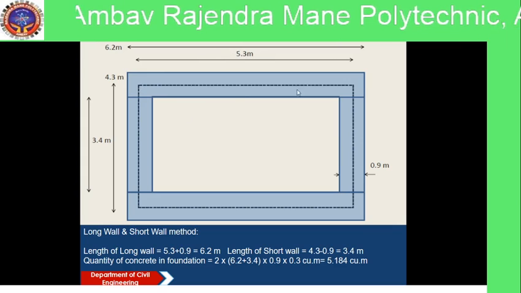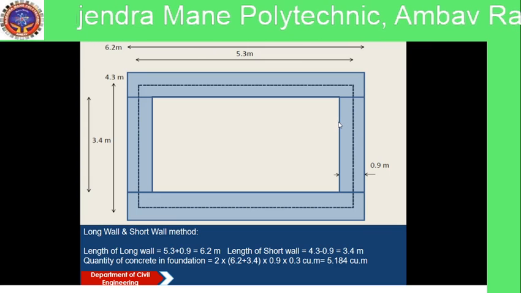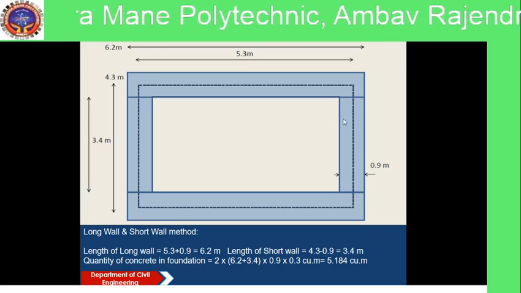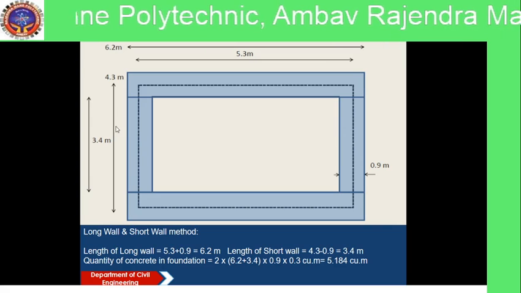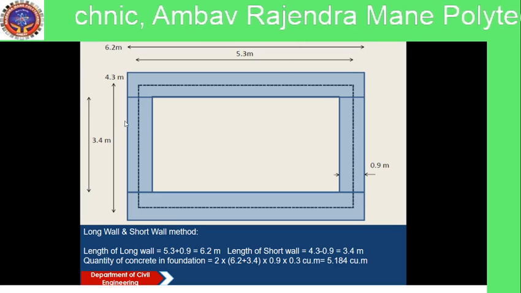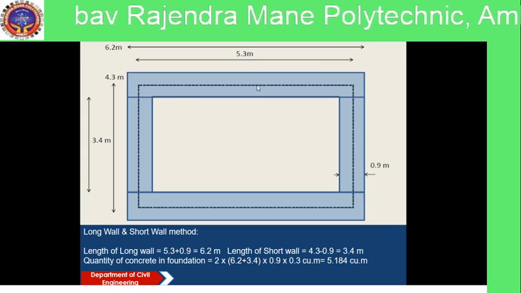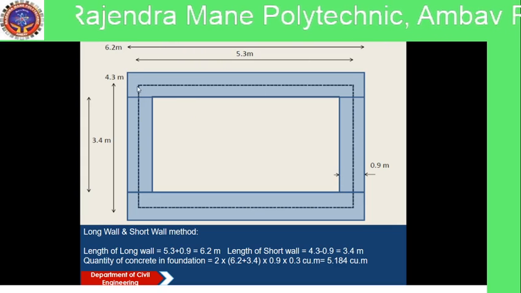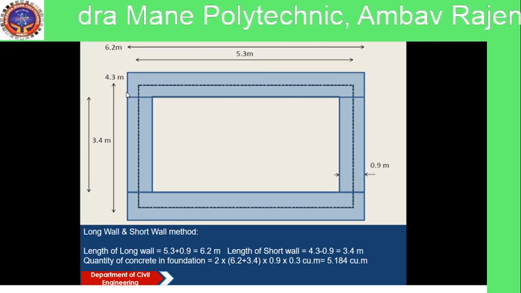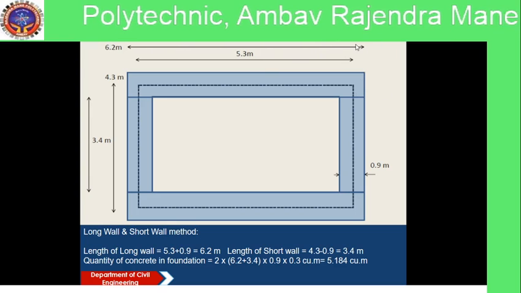So this center line length 5 meter, plus this width plus this width. So 5 plus this width 0.9. The 5.3 is center line plus this half width plus this half width.